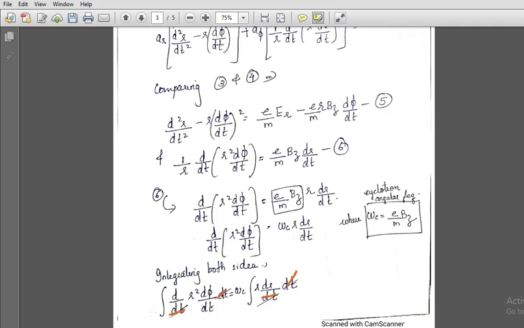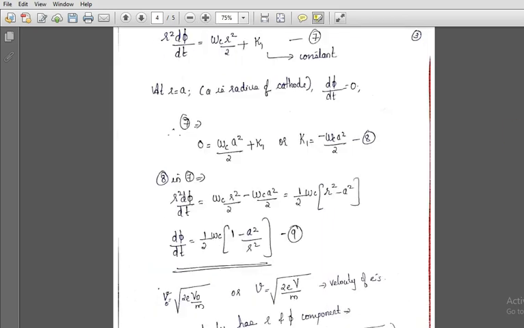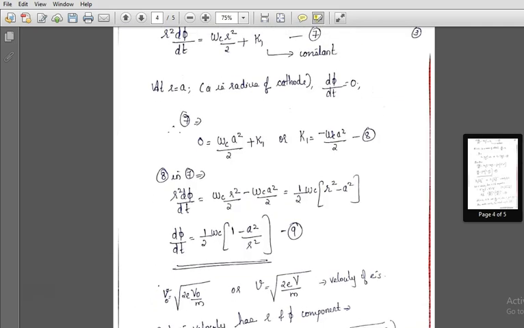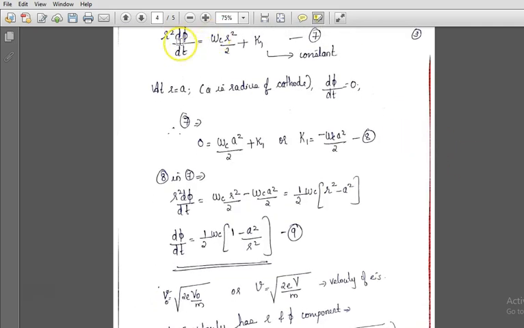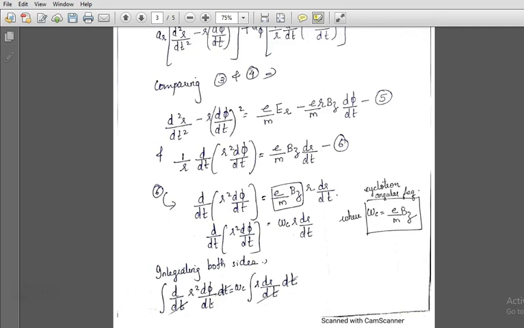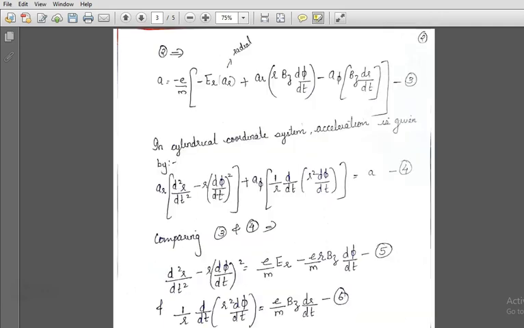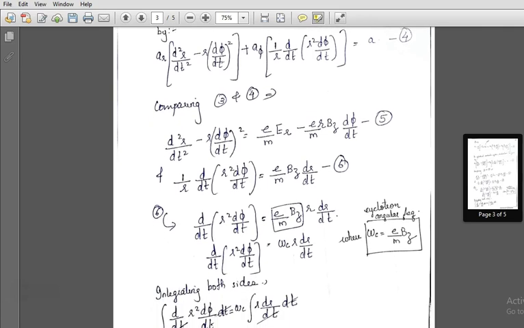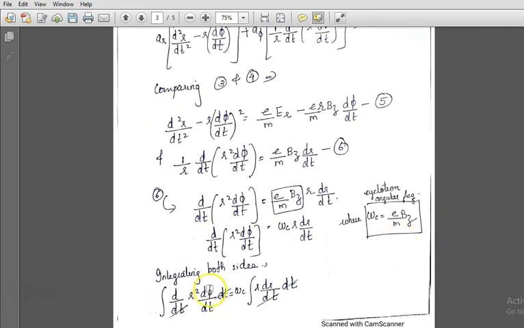So what is the remaining formula? The integral of the left side is R square d phi by dt.